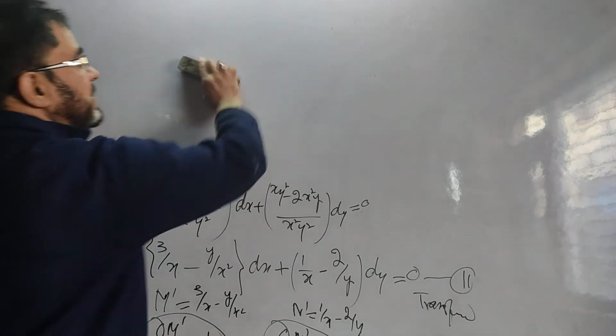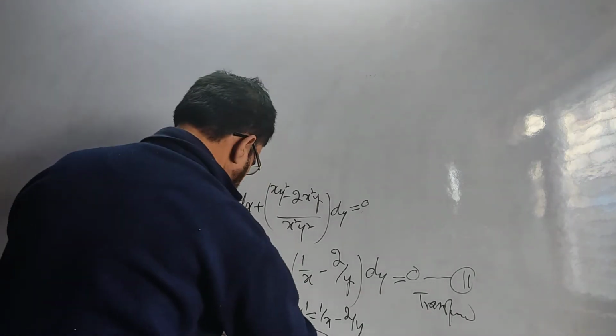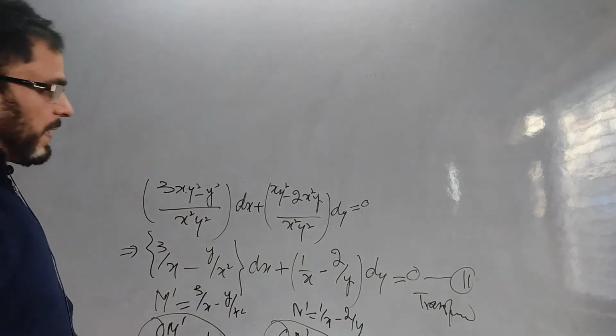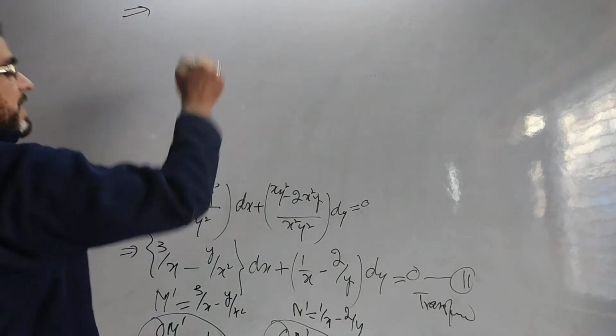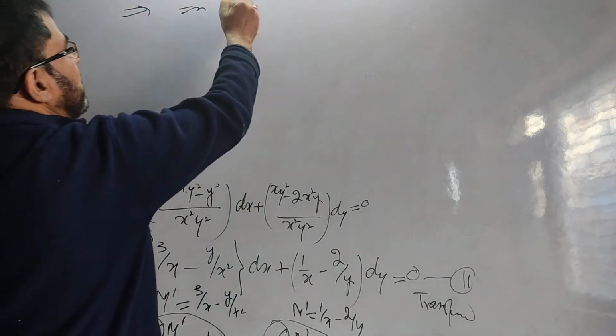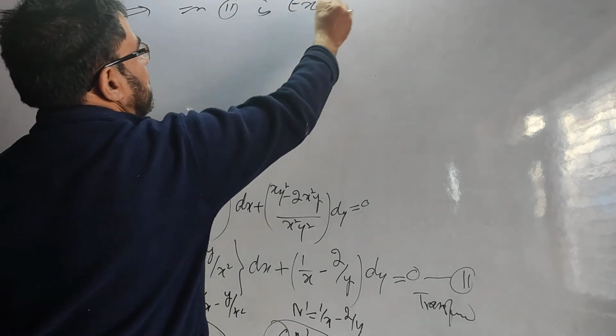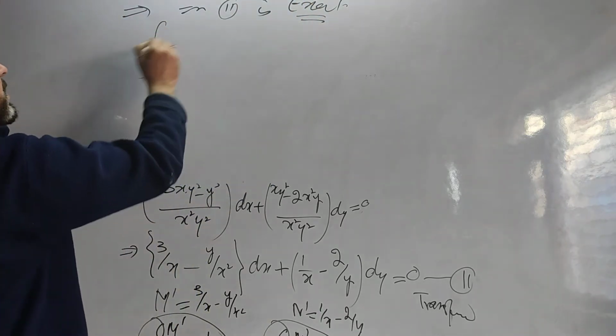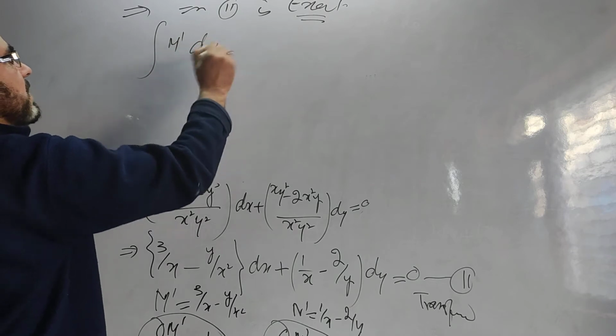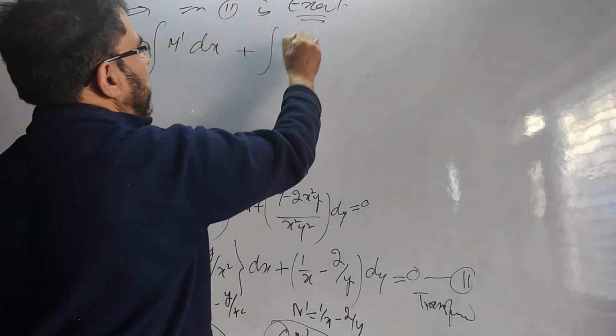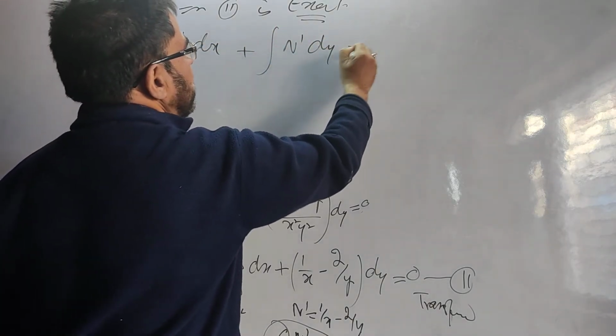So what we have seen here is that by this integrating factor, equation 2 is exact. What is its solution? Integral of m dash with respect to x plus integral of n dash with respect to y is equal to c.